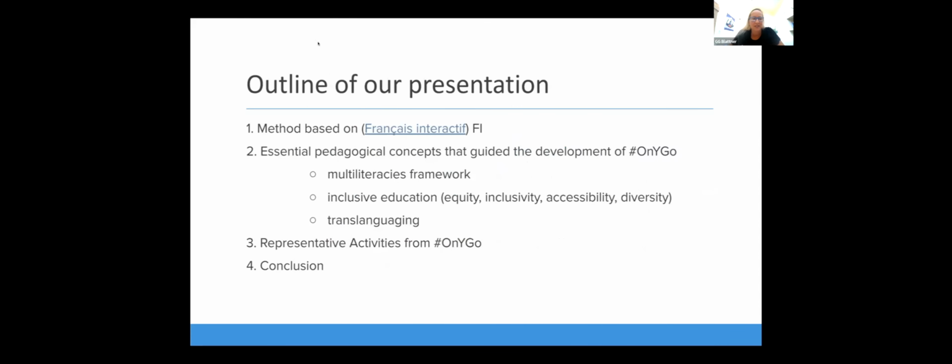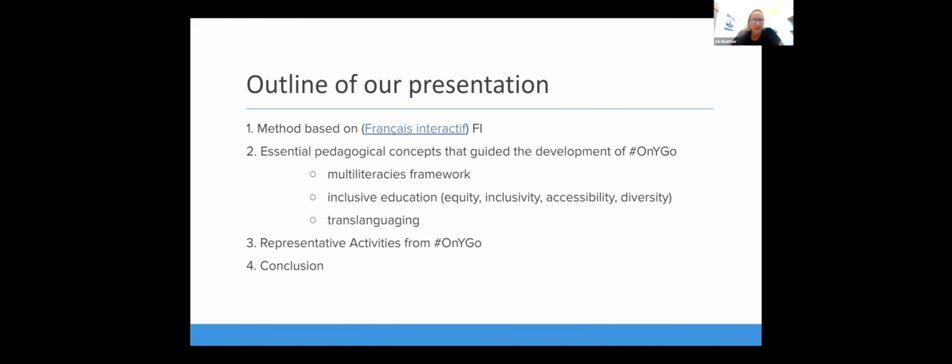Basically, the outline of our presentation: first, we're going to talk a little bit about the method that we based our textbook on, which is Français Interactif, which Carl is very familiar with, as he was one of the developers of this OER from the University of Texas. Then we will look at the essential pedagogical concept that guided the development of our textbook ONIGO, which is based on a multi-literacy framework.